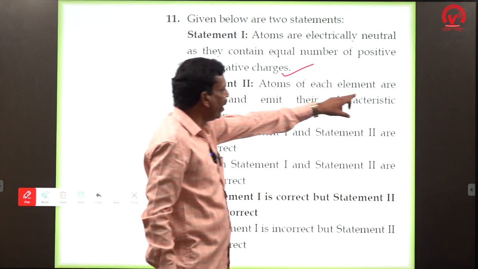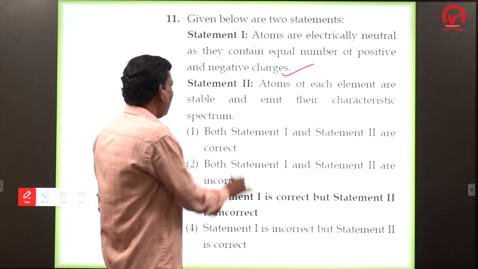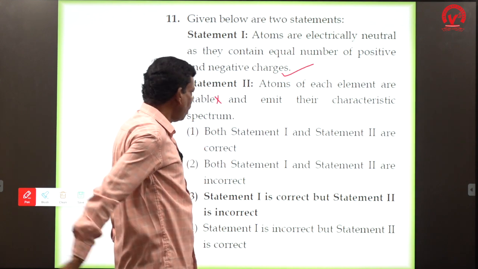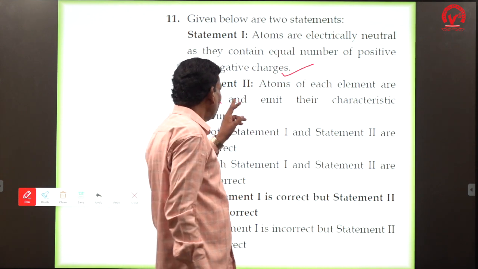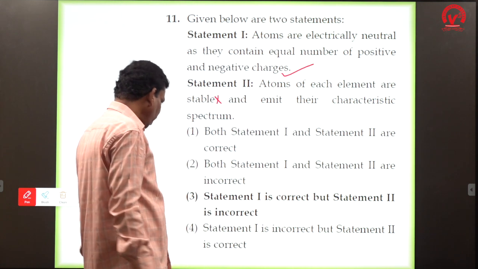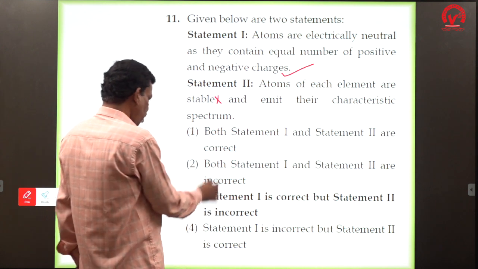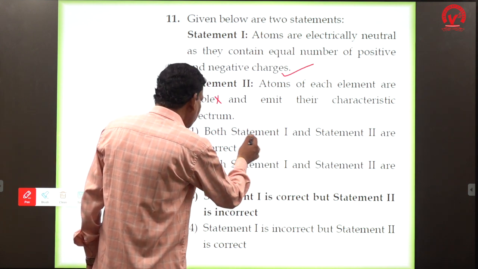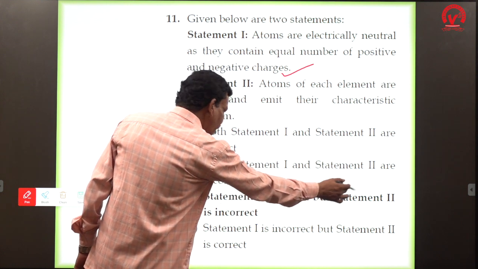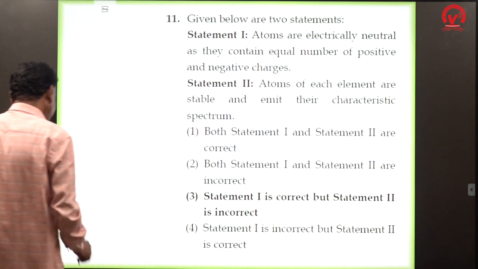Atoms of each element are stable. So atoms are not stable, and neutral, and emit their characteristic spectrum. So this is a wrong statement. Which one is correct? Statement 1 is correct but statement 2 is incorrect. So third option is correct.